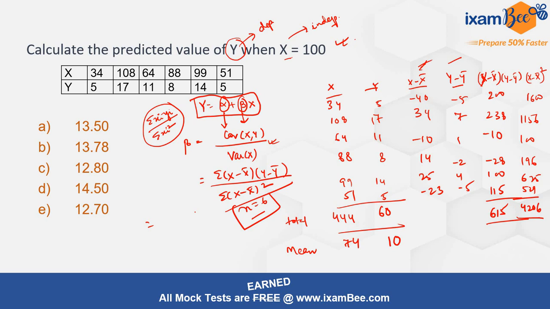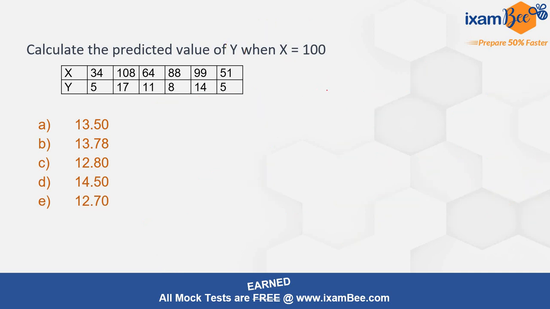So your beta is going to be 615 divided by 4206. So you will get 0.146 as your beta value.